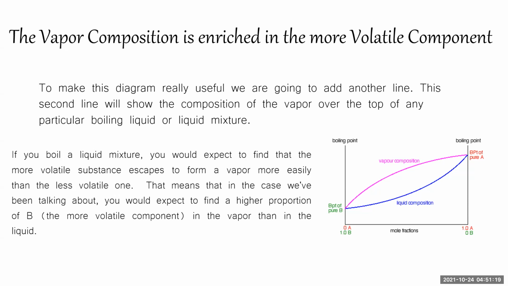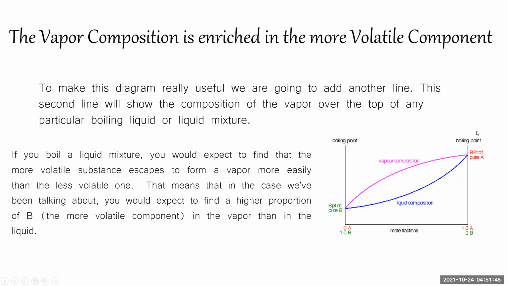So if you boil a liquid mixture, you will expect to find that the more volatile substance, i.e. the one with the lower boiling point, escapes to form a vapor more easily than the less volatile one. That means that in the case we've been talking about, you would expect to find a higher proportion of B, or cyclohexane, in the vapor than in the liquid.